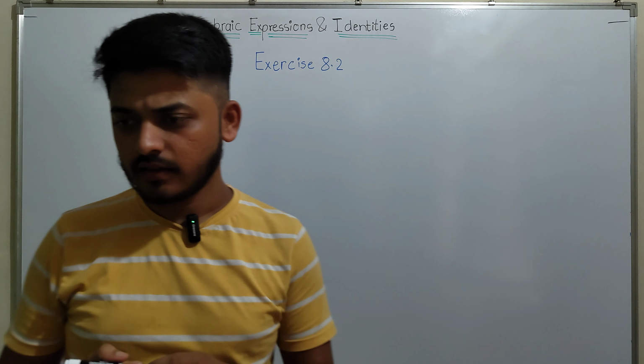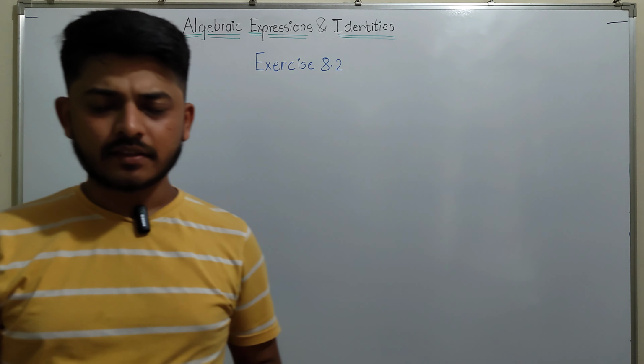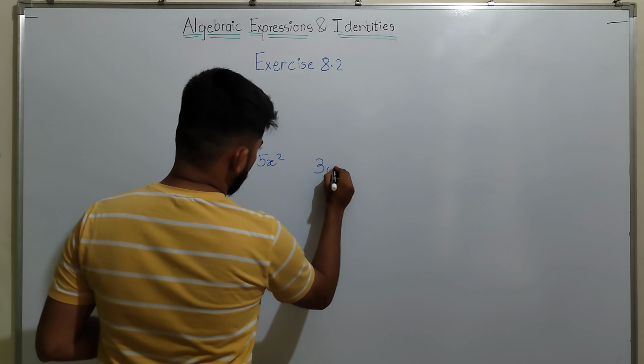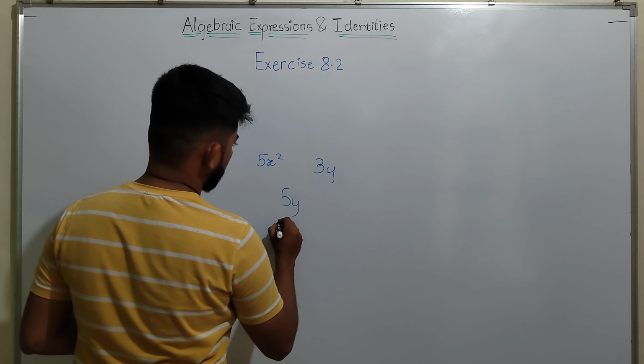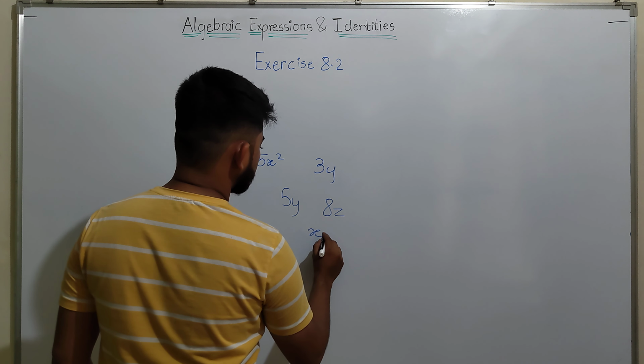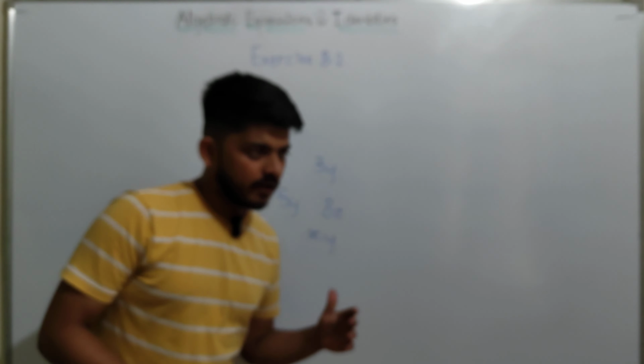In exercise 8.2, what do we mean by monomials? See here, monomials are something you might have seen, like 5x square, 3y square, 5y, 8z, xy.